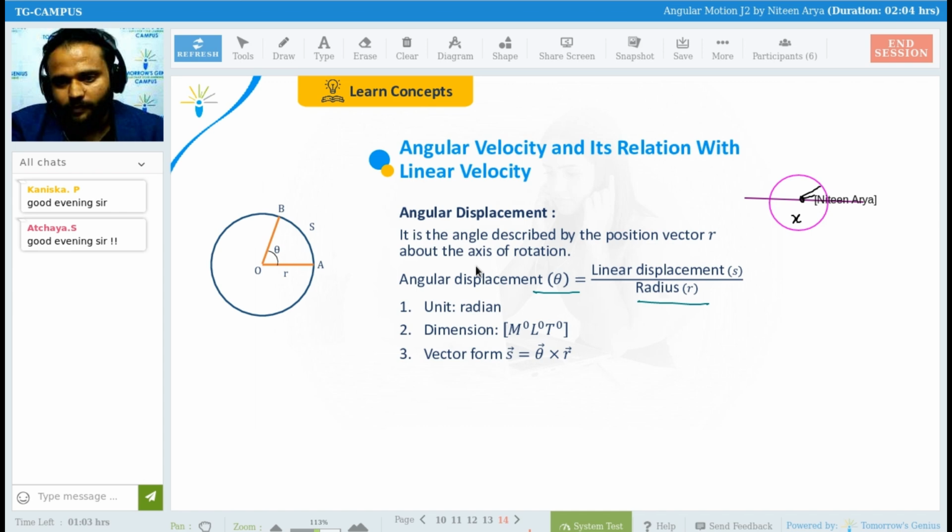Make this angle a small angle. As you can see, this small angle is theta. In triangle OAB, tan theta is what? AB upon OB. OB is the radius.